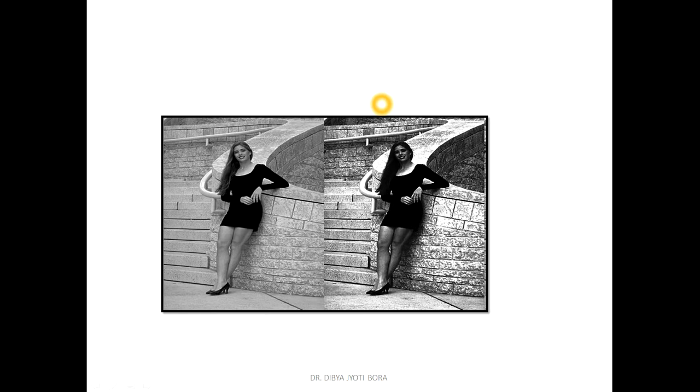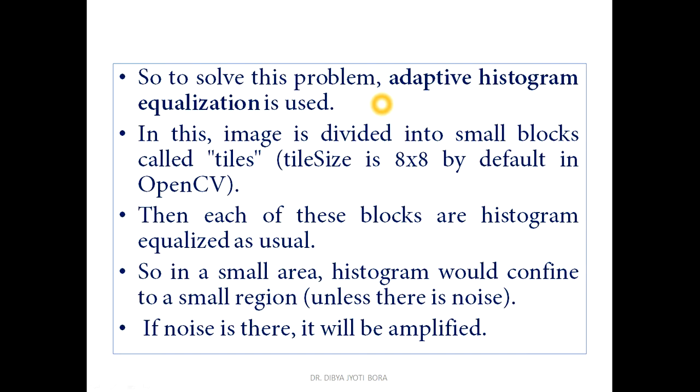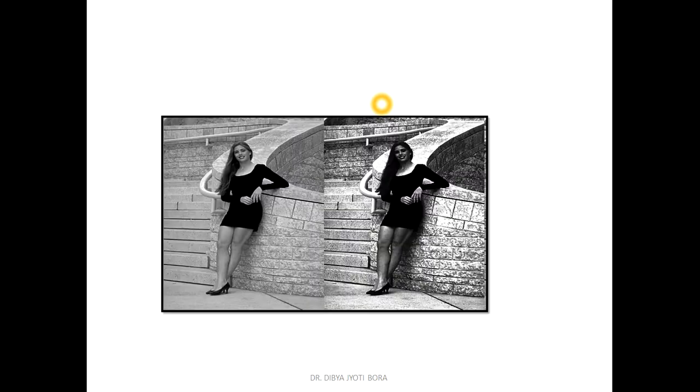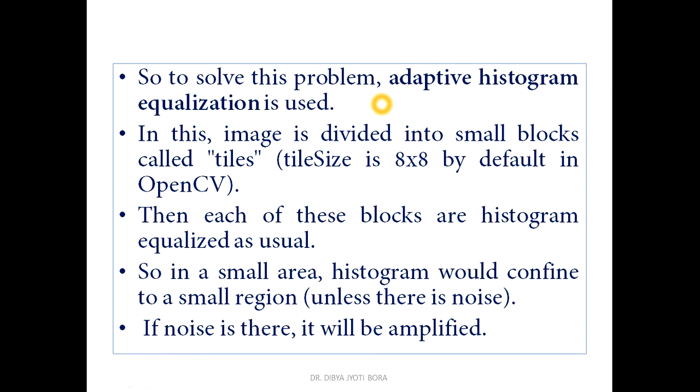So the solution is our CLAHE, that is contrast limited adaptive histogram equalization. You have seen that CLAHE comes from adaptive histogram equalization. To solve the problem we have in histogram equalization, first we have adaptive histogram equalization as our technique.